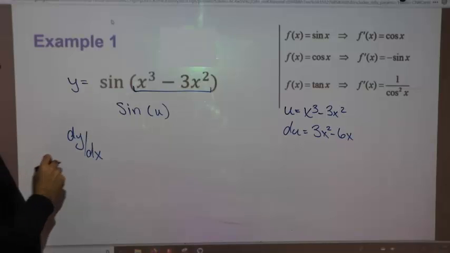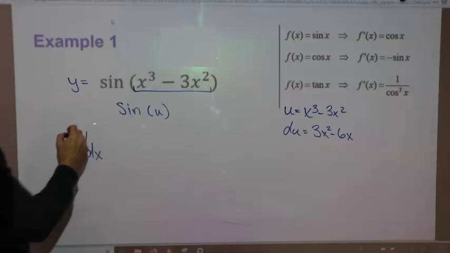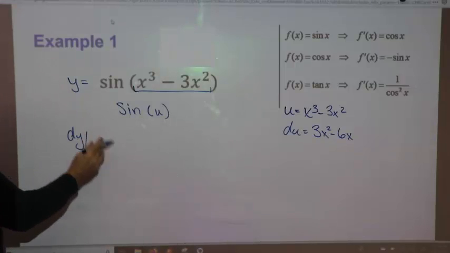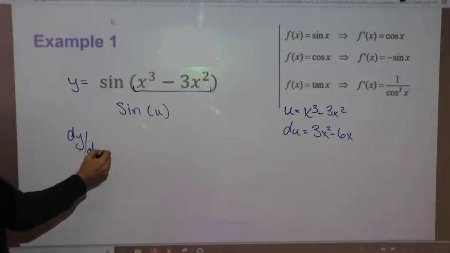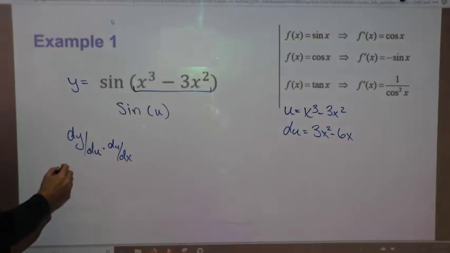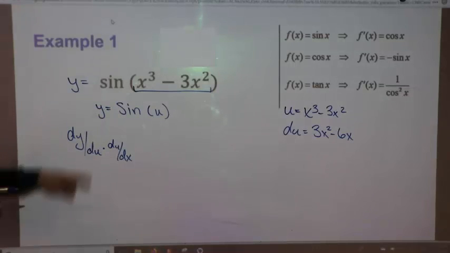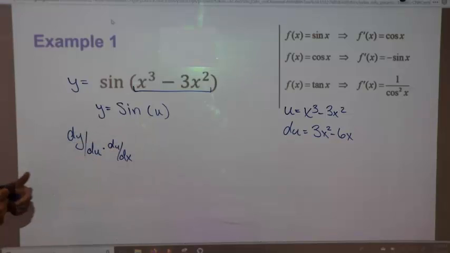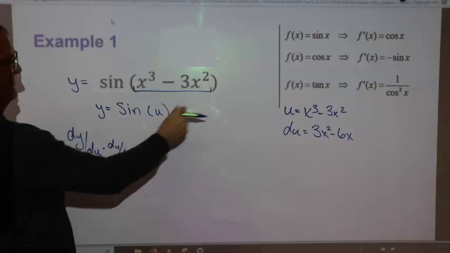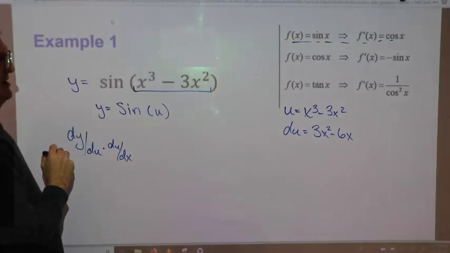Then, the chain rule, to remind you, is the derivative of y with respect to u times the derivative of u with respect to x. So my new function is sine of u, and the derivative of sine of u says it's the cosine of u.